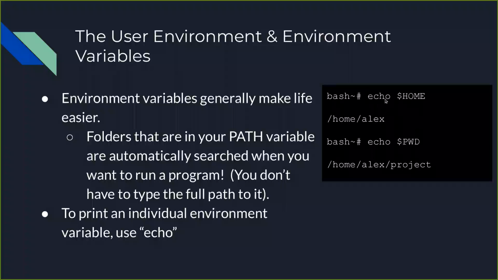So if I typed echo $HOME, then it would print out /home/Alex. If I typed echo $PWD and I happen to be in a subfolder of Alex, then it would print out /home/Alex/project in this case.